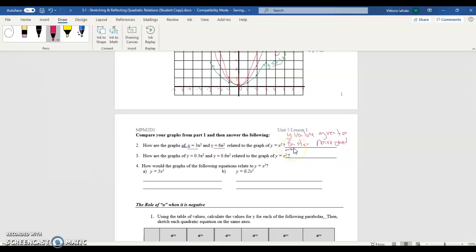So again, almost like it's being stretched. Whereas if we had 0.3x squared and 0.6x squared, well, the y values are smaller. The y values increase at a lower rate.